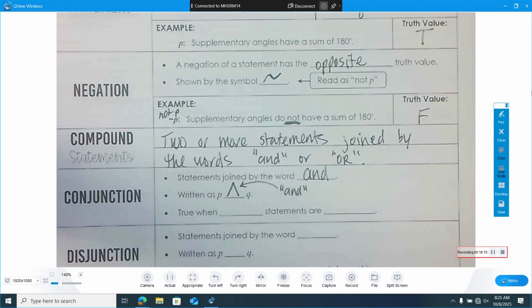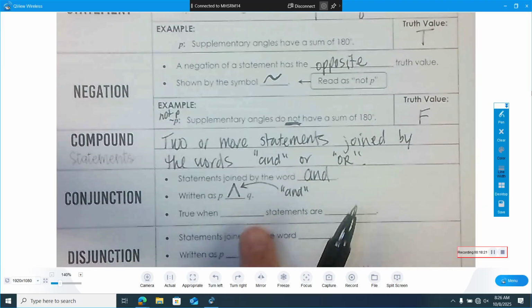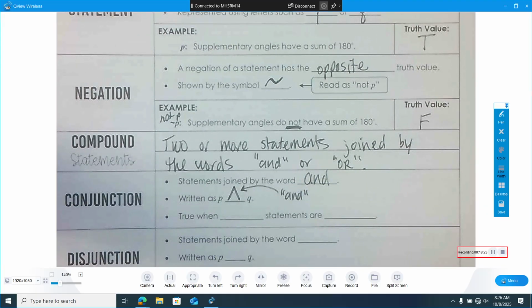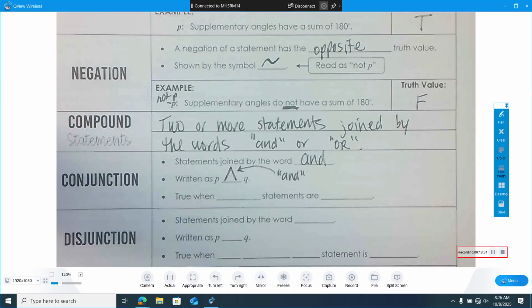And so this is exactly what I said before. I went to the beach, that's my P statement, and I built a sandcastle, that's my Q statement. All right, so we like to abbreviate. And is a very specific and. This compound statement, this conjunction, is only true when both P and Q are true.